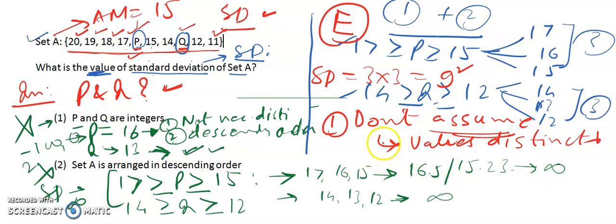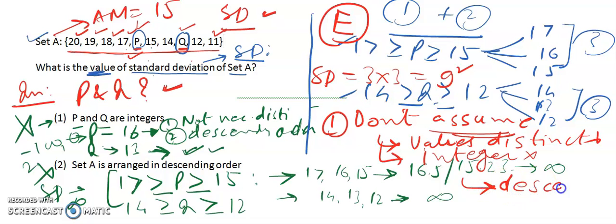No, it is not given. Are the values P and Q integers? No, it is not stated. And the third one is that the set is arranged in descending order. So had you taken any of these assumptions, you might have faltered on this question.